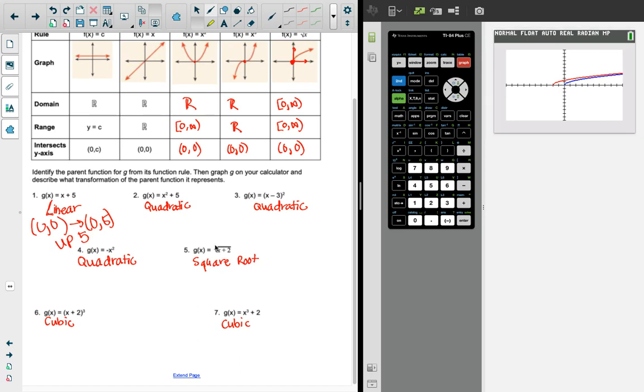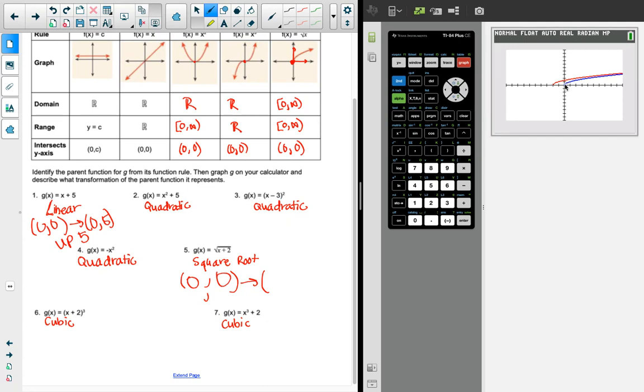So again, our square root function here starts, if you look at where it intersects the y-axis, at 0, 0. And then the new one goes through, well, I guess if we translated this point, it's not necessarily going through the y-axis, now it's going through the x-axis.